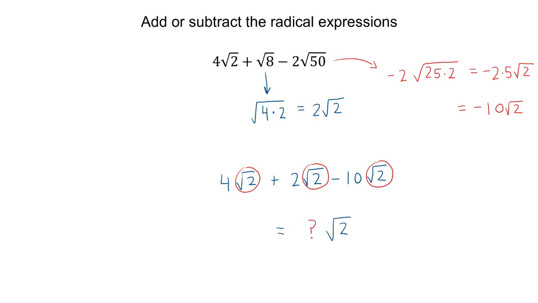So the question is, how many square roots of 2 do we have in all? In the first term we have 4, in the second term we have 2, and in the third term we have minus 10. 4 plus 2 minus 10 gives us minus 4 square roots of 2. So 4 square roots of 2 plus the square root of 8 minus 2 square roots of 50 is minus 4 square roots of 2.